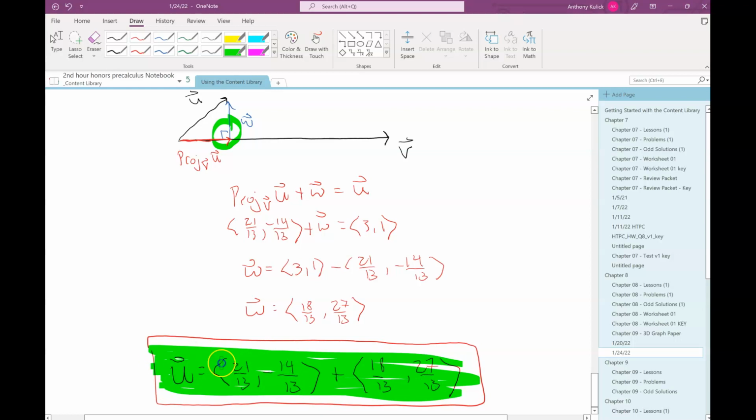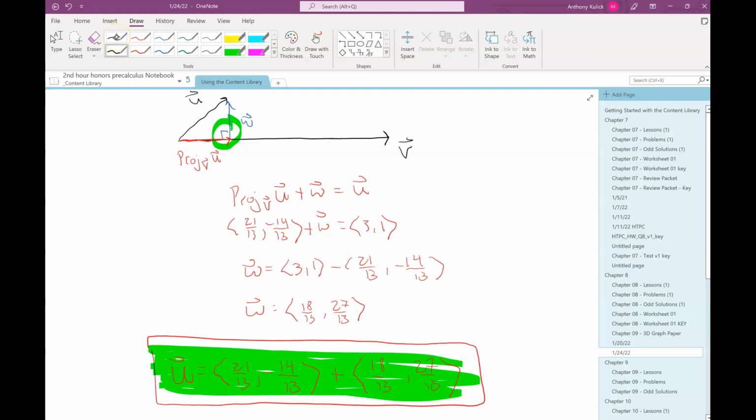So it basically just boiled down to doing a little bit of vector subtraction to find that other vector that was orthogonal to the projection and adds up to give us U, excuse me.